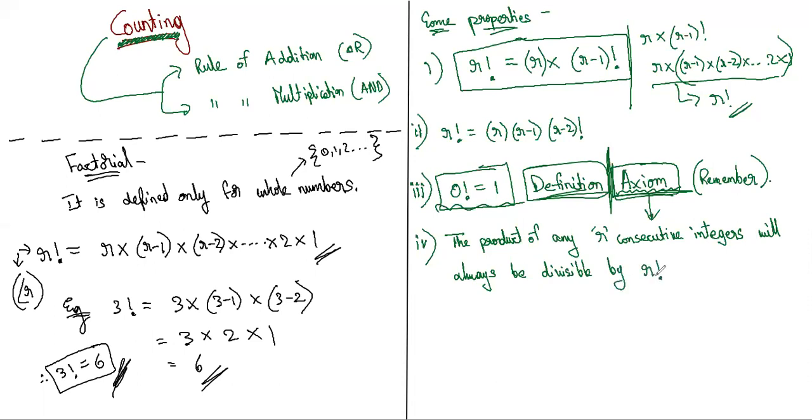The product of any R consecutive integers will always be divisible by R factorial.